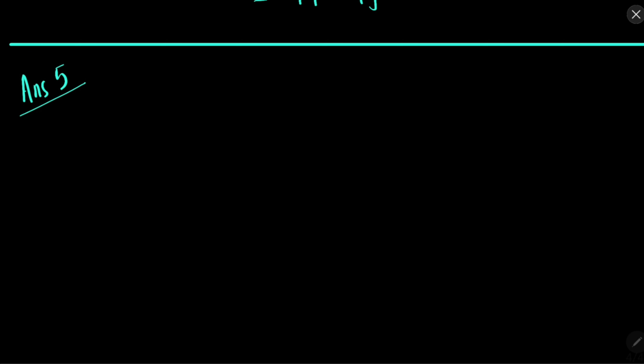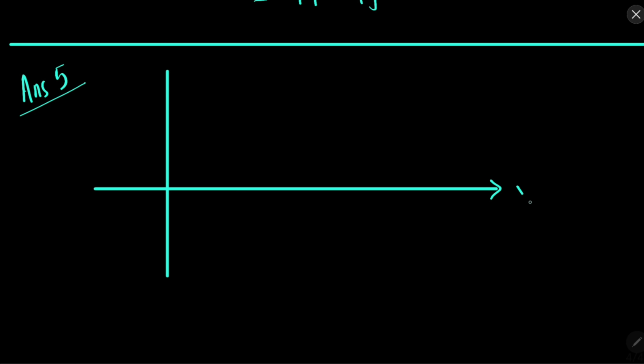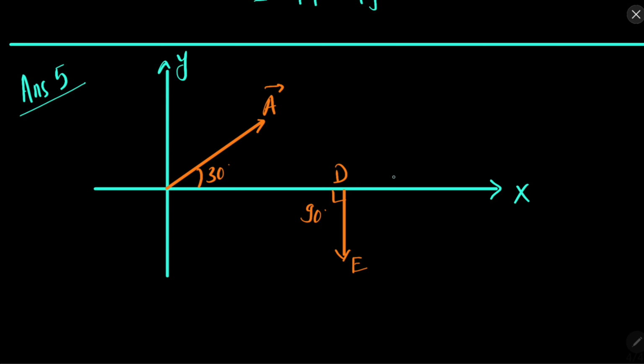So first of all, let's try to draw the diagram that is given. So let's say this is the y-axis, this is the x-axis. Now from the origin, one vector is a, angle 30 degree, and from some other point we have a vector which is having 90 degree, so DE vector. And then we have another vector like this, which is 60 degree from this side, so this is important.